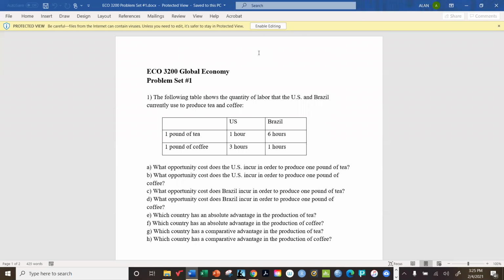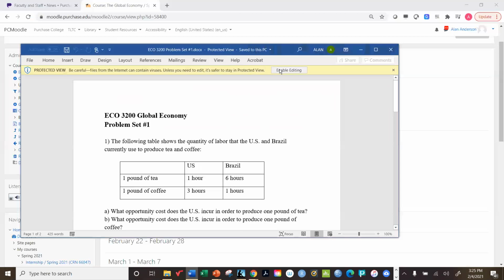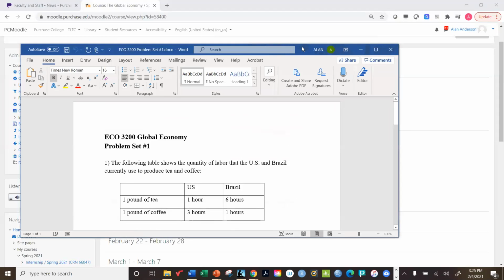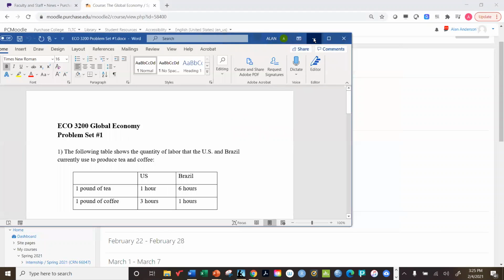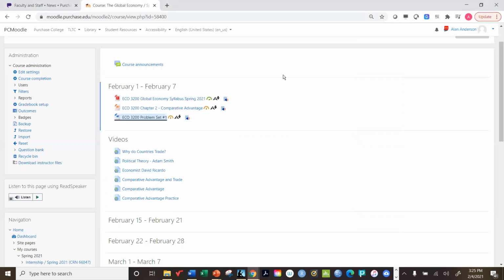Okay. In the meantime, what we're going to do is sort of take a look behind the scenes and try to get a deeper understanding of exactly how countries obtain a comparative advantage in the first place. So this is something that Ricardo and Adam Smith never really addressed. Why is this happening? Why do some countries have a comparative advantage and why do other countries not have a comparative advantage?